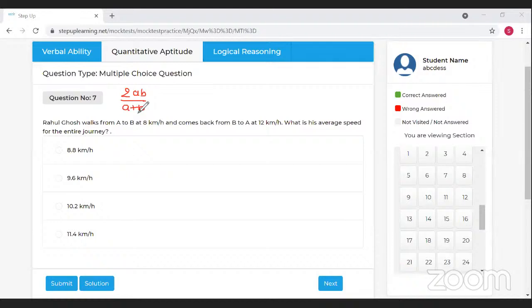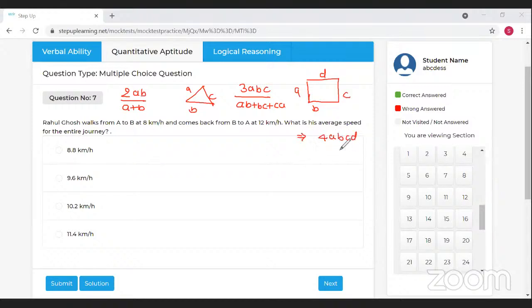That's one way. Had it been three distances given, let's say A, B, C, then the formula will be 3ABC upon AB plus BC plus CA. And if four distances were given, A, B, C, D, then the formula is 4ABCD upon ABC plus BCD plus CDA plus DAB.